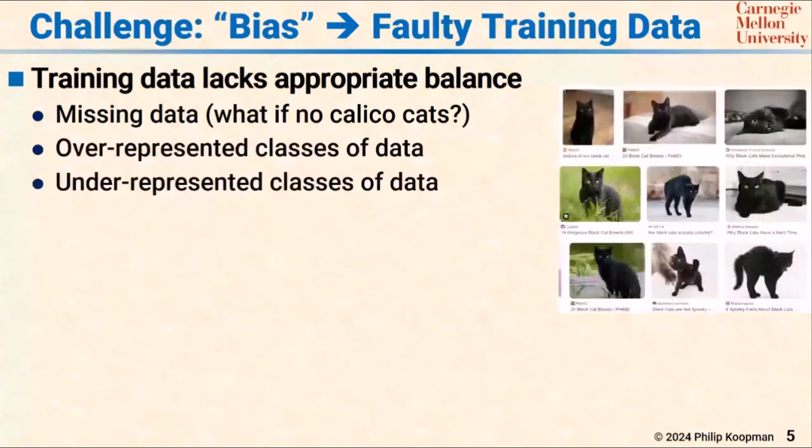You may get overrepresented classes of data. What if we trained only on black cats? If it sees any cat color other than black, it may have no idea it's a cat. Or maybe we train on 1 million black cats and 1 white cat. And it says, all right, you know what? I can ignore the white cat because I'm still right 99.9999 percent of the time. Oh, never mind.